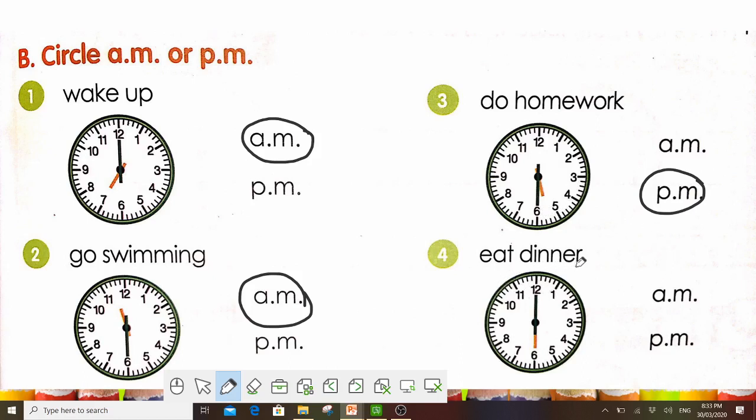You eat your dinner at 6 a.m.? No. We wake up at 6 a.m. in the morning. Here, 6 p.m.